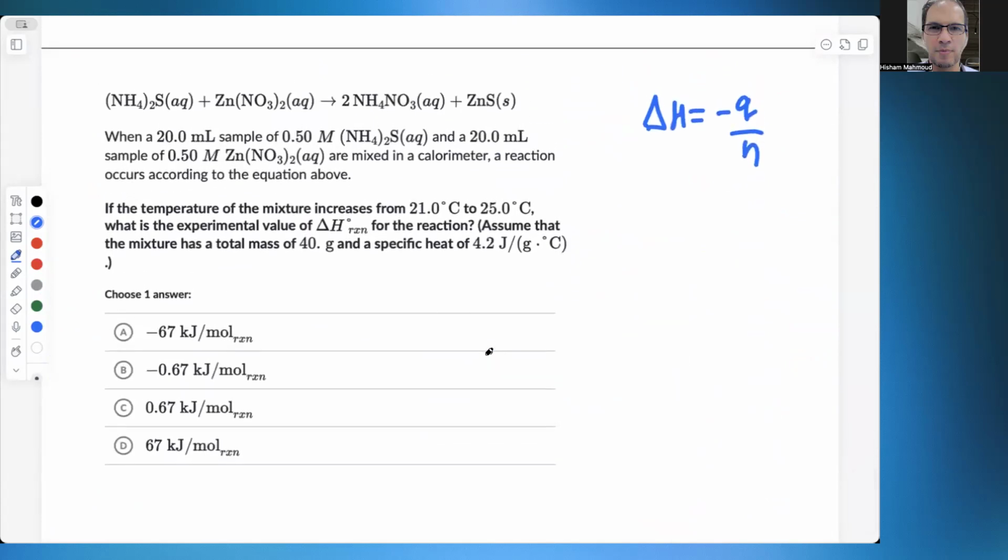Okay, I'll give you 3 more minutes or 2 more minutes until 4:56, 4:57. So I use m here, the masses, and I use n, which is the number of moles.